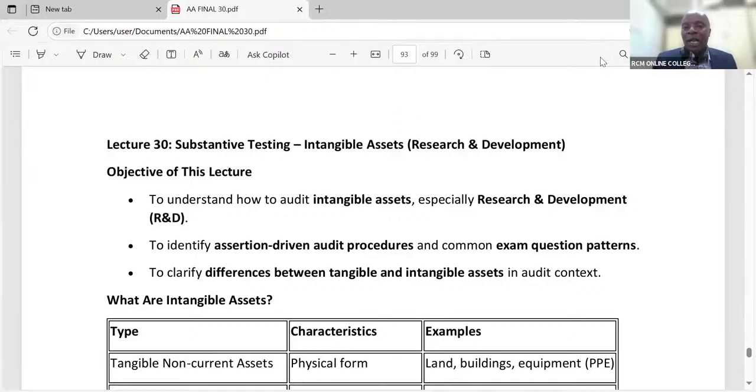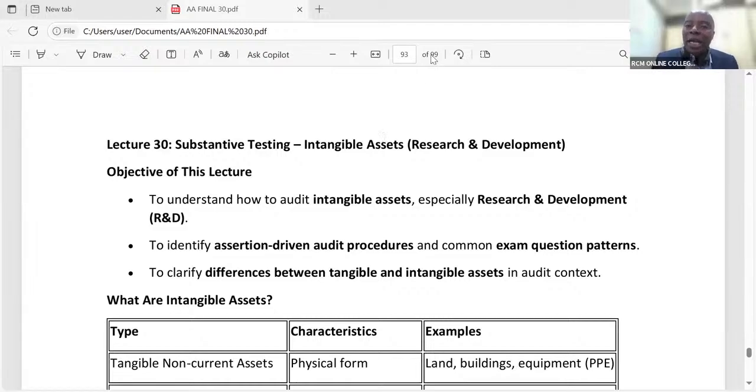All right. So lecture number 30 is substantive testing over intangible assets. These ones, ladies and gentlemen, we must be very, very good. Remember, intangible assets are those assets that you can't touch.